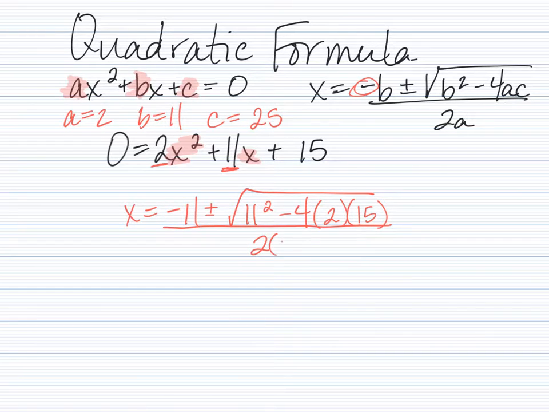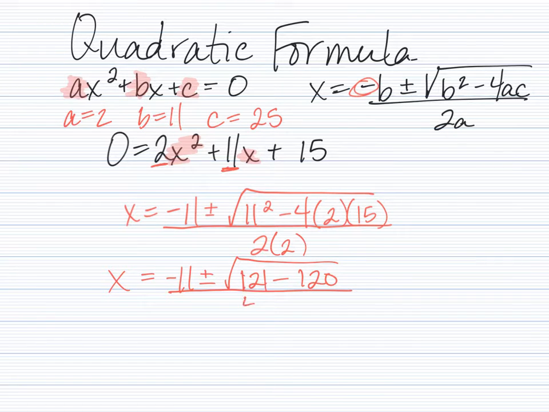All divided by 2 times a, so a is 2. 2 times 2. And then I go about simplifying. So it's still x equals negative 11 plus or minus the square root. 11 squared is 121. 4 times 2 is 8, times 15 is 120.